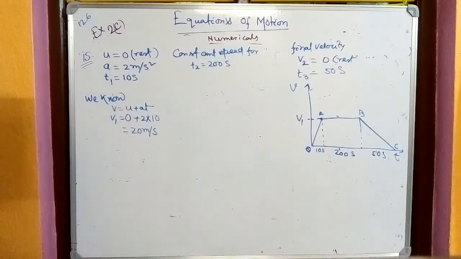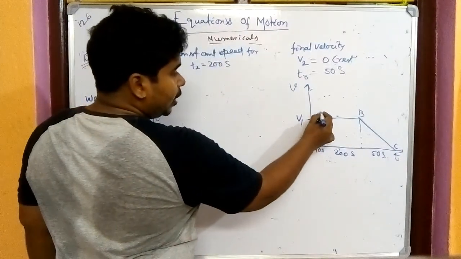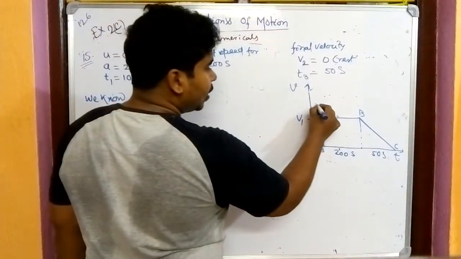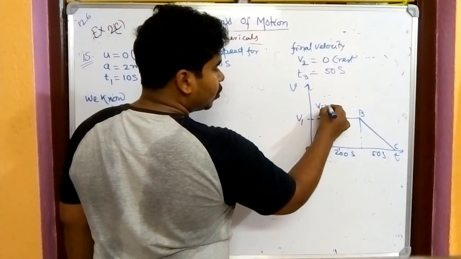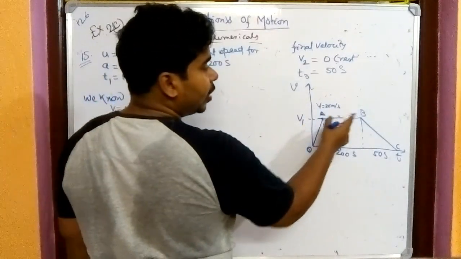What is the next question? Number 2, retardation in the last 50 seconds. You see the velocity at A is 20 meter per second. V1 equals 20 meter per second, and with that velocity only it comes here.